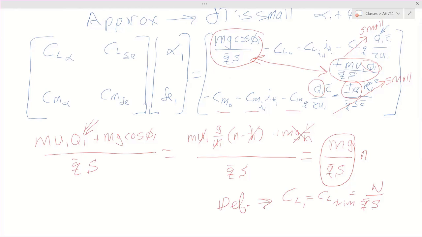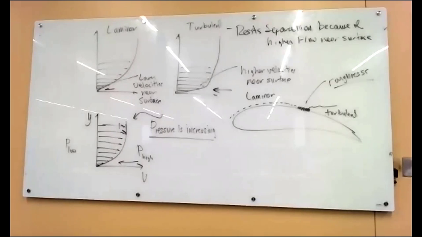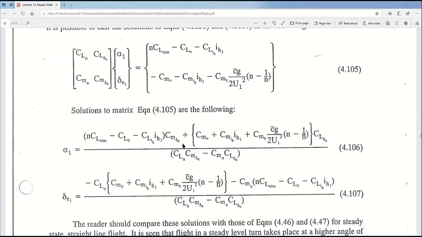So that's the equation that we see, the matrix problem that he presents in the book, right here. And that's what we need to solve.